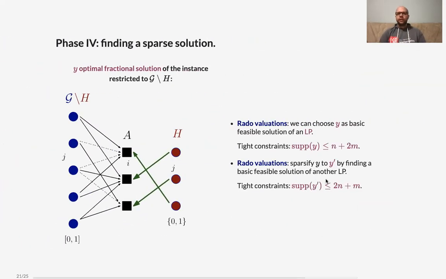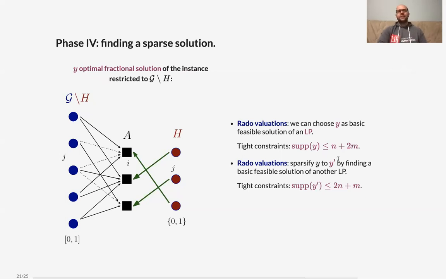And in the fourth step, this is where we really use the power of Rado valuations. There we can show first that there is a sparse fractional solution of the instance on the left. And we use the full power of Rado valuations. First we show that there's an optimal solution with support at most n plus 2m.